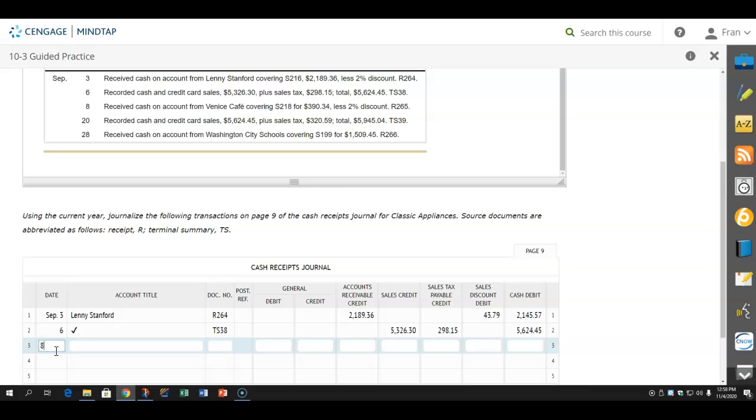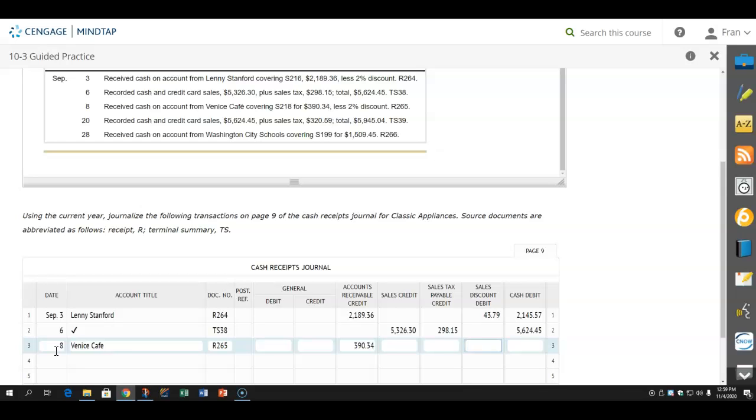All right, on the 8th, we received cash on account from Venice Cafe, and that is going to be receipt 265, and that's going under accounts receivable, $390.34. They're taking a discount of 2%, so let's figure out what that is. 390.34 times 0.02.